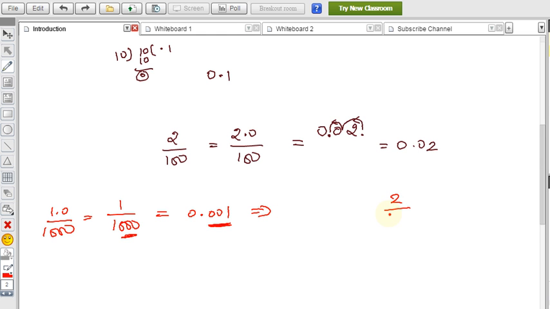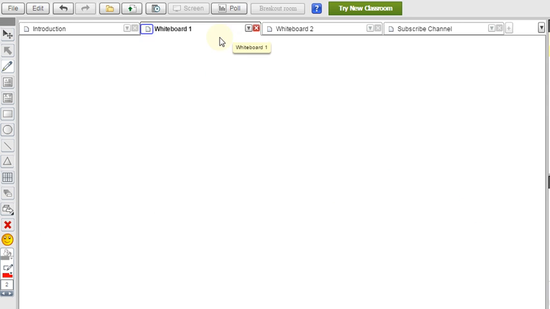If it is 2 by 1000, then 2 by 10,000 is 0.0002: the point, three zeros, and because of the 4 zeros, one more digit, which is 2. If the denominators are 10, 100, 1000, we can use this method.